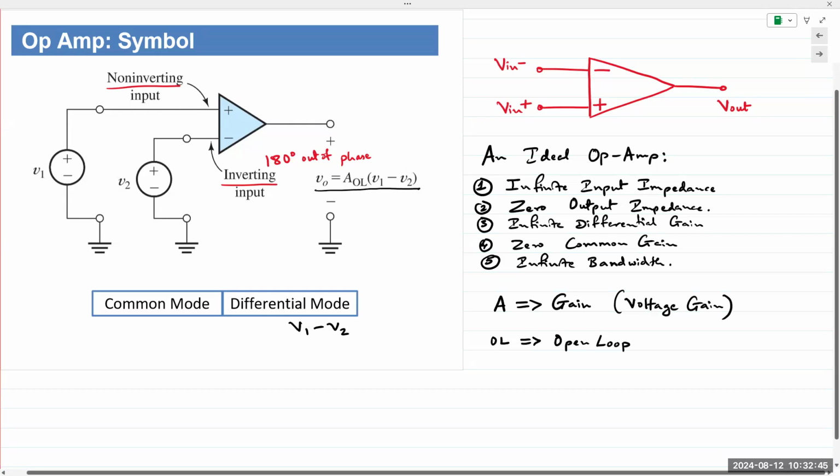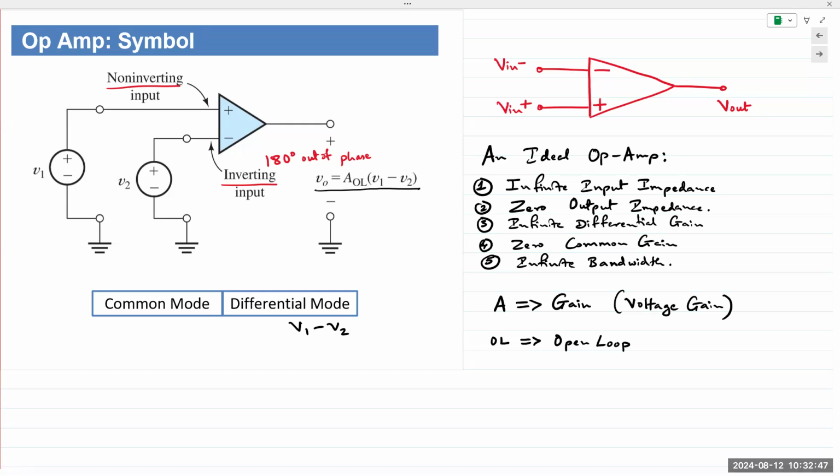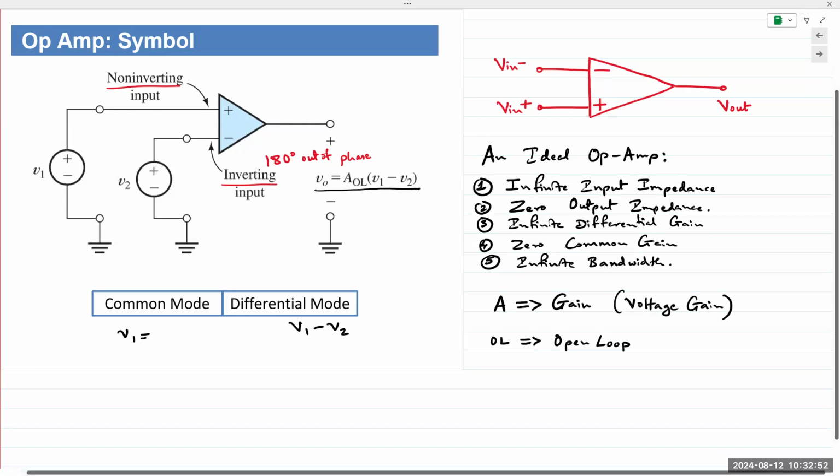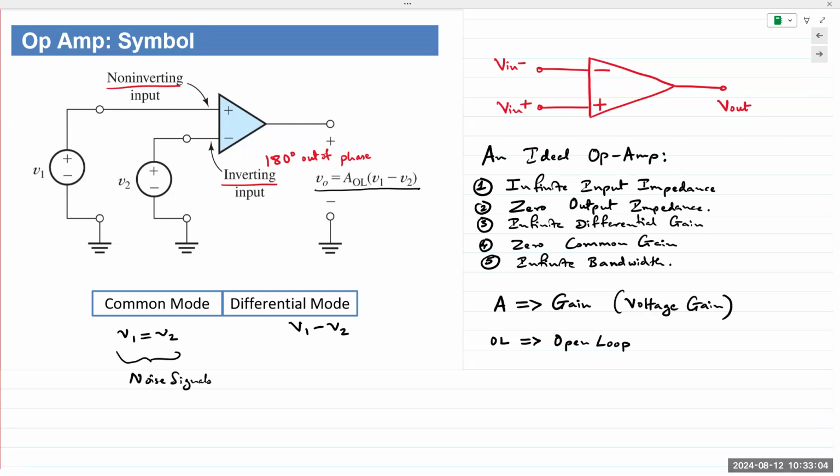So it amplifies the difference between the two. And common mode is when V1 equals V2. Noise signals. It will amplify the difference. It will reject all of the noise signals.